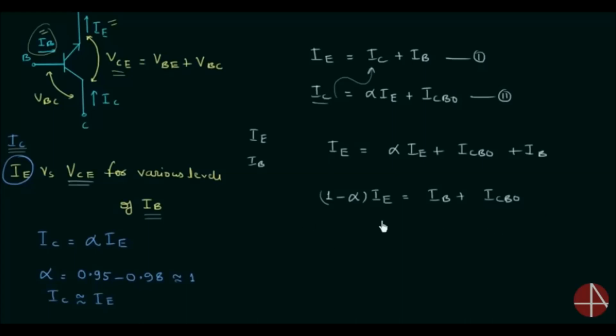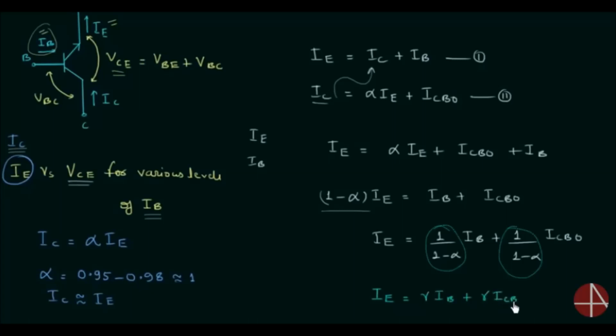Now I will divide both the sides by 1 minus alpha. So we have IE equal to 1 divided by 1 minus alpha IB plus 1 divided by 1 minus alpha ICBO. 1 divided by 1 minus alpha is the current amplification factor in the common collector configuration. This means IE is equal to gamma times IB plus gamma times ICBO. So this is what we have in common collector configuration of a transistor.